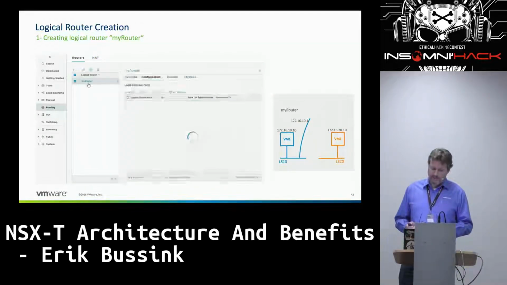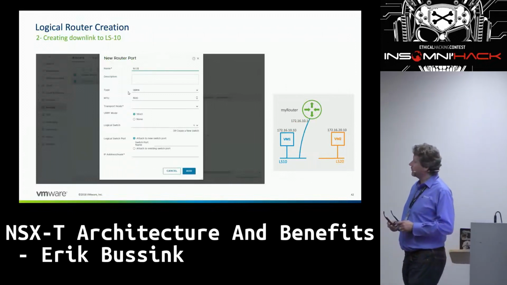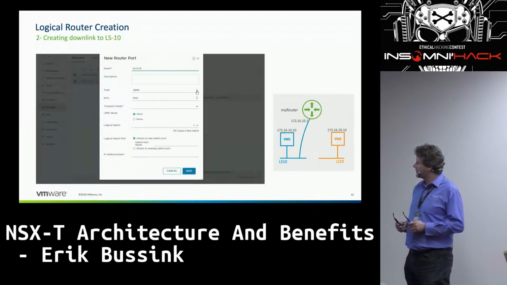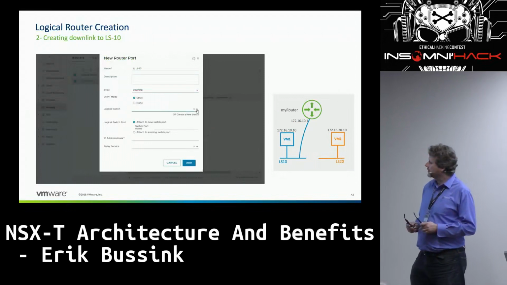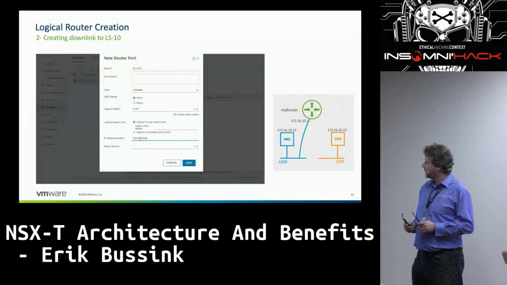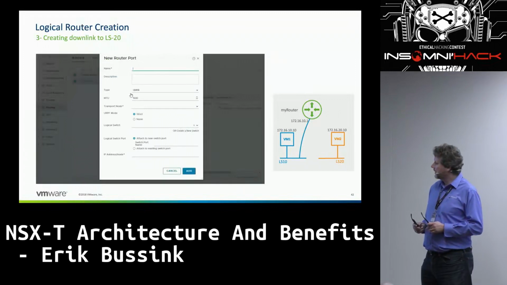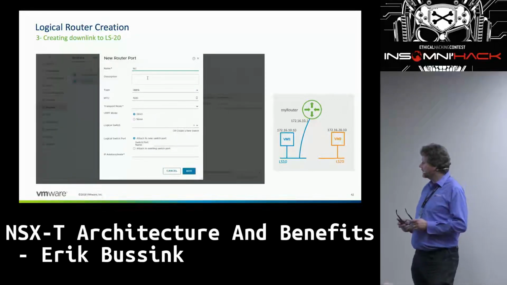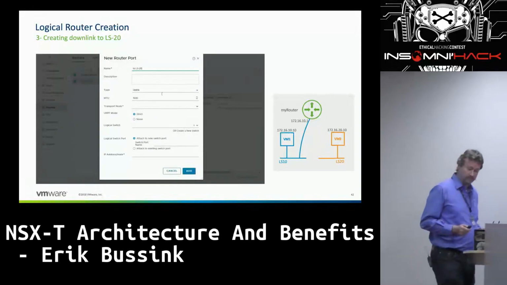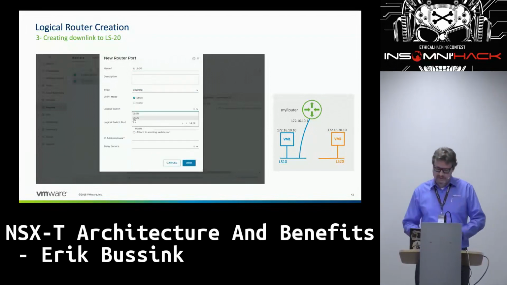At this point, we're going to create downlink connections from the router to the different logical switches. So I select the downlink, I select the network, and I can enter here the IP address of the router port connected to LS10 and the equivalent for the second one. So these are downlink connections.